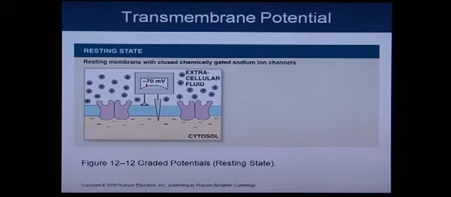So remember, we have three kinds of channels we've talked about: the sodium potassium pump, the leaky channels, which are the passive ones, and then the voltage or chemically gated channels, the ones that open only in response to a chemical or a change, a stimulus. So we've got our voltage gated or chemically gated sodium channels here. Notice they're closed. And just as we saw before, we've got a lot of sodium on the outside of the neuron. We're clocking in at negative 70 millivolts, so obviously we're at rest.